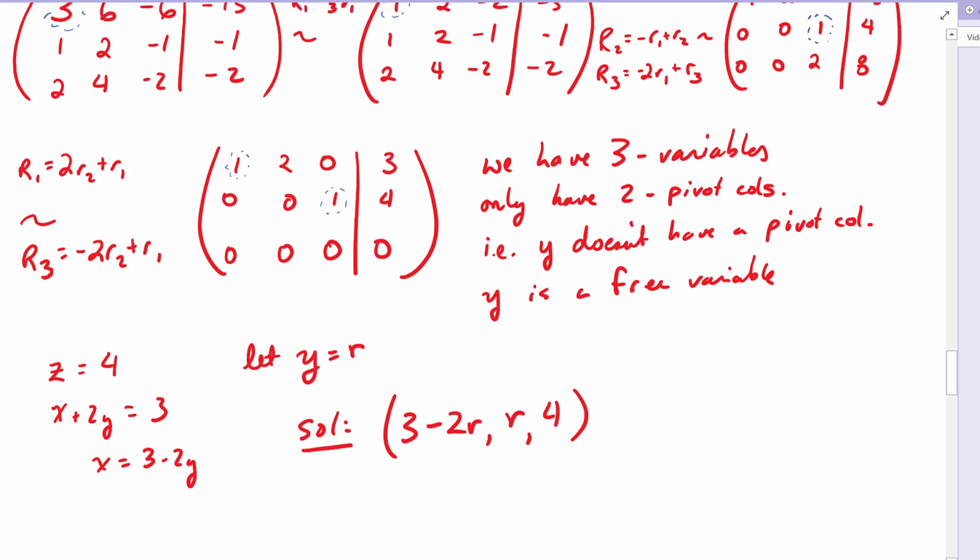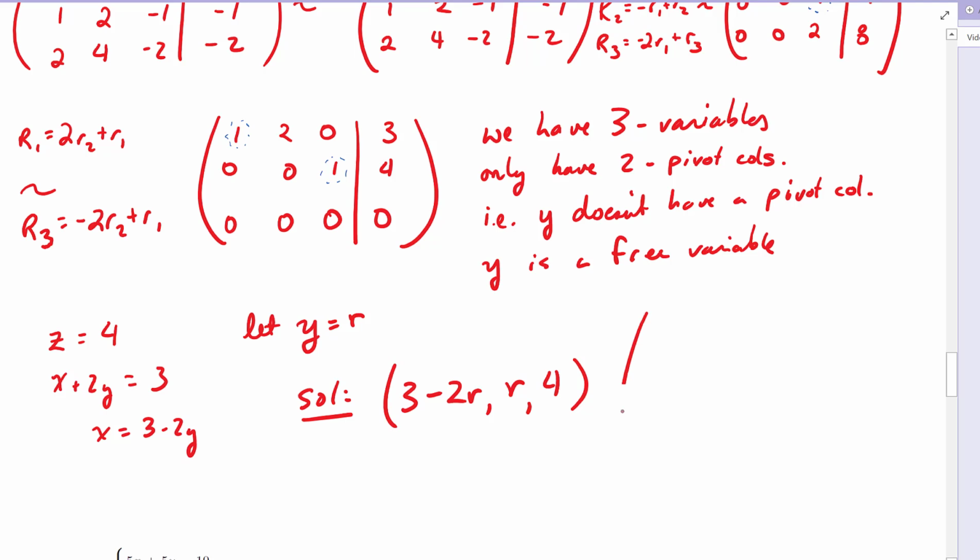Another way we could represent this is to say, for our solution, that should be the vector x, y, z. We could write this as 3 minus 2r for the first row. Y we said is r, and z we said is 4.